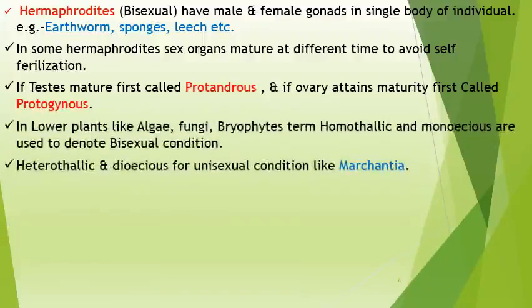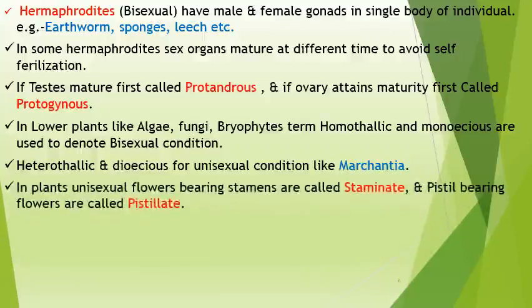In lower plants like algae, fungi, bryophytes, the terms homothallic and monoecious are used to denote the bisexual condition, while heterothallic and dioecious are used for unisexual conditions like Marchantia.